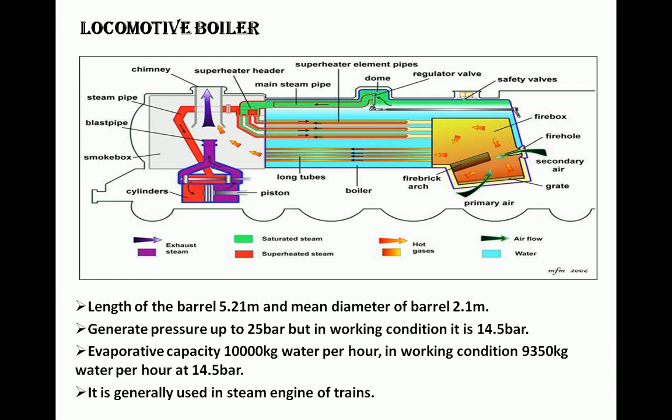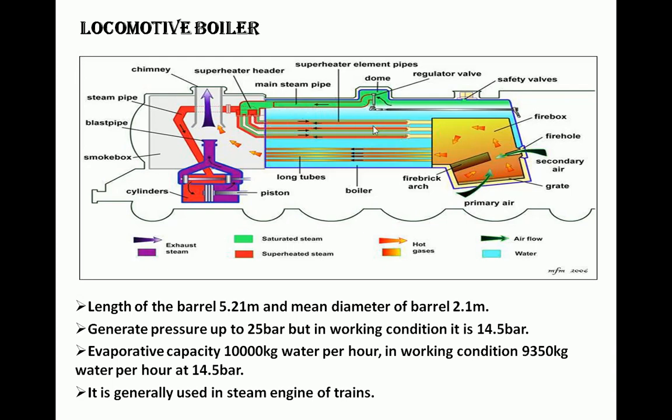Coal is burnt on the grate. Hot products of combustion rise up and get reflected by the fire brick arch, and flow in flue tubes the entire length of the boiler, and then are exhausted through the chimney. Water is surrounded by these tubes. Water gets converted into steam and is collected in the steam space.